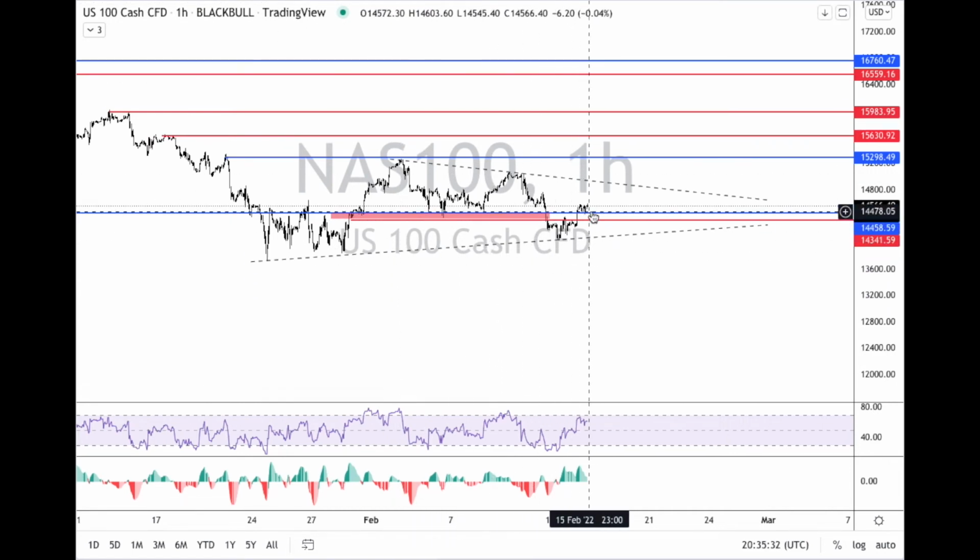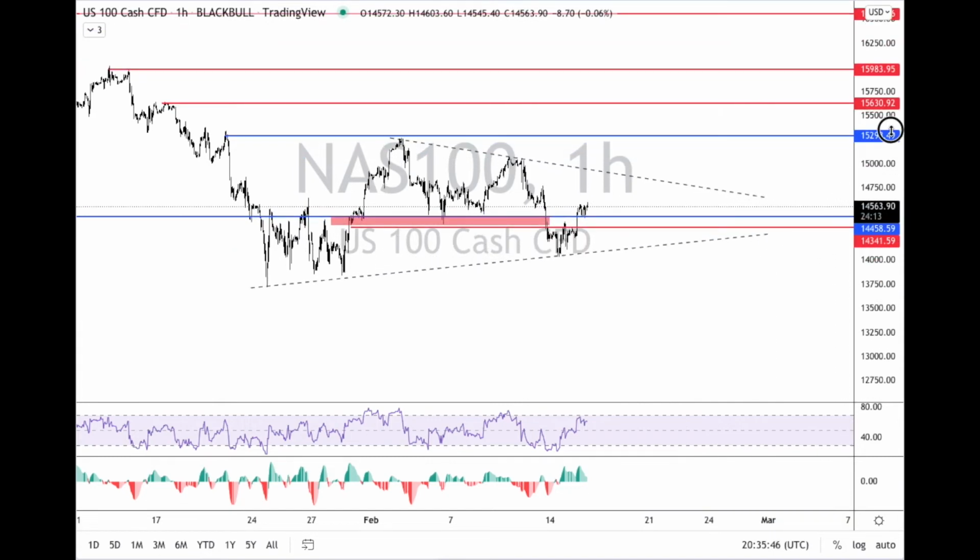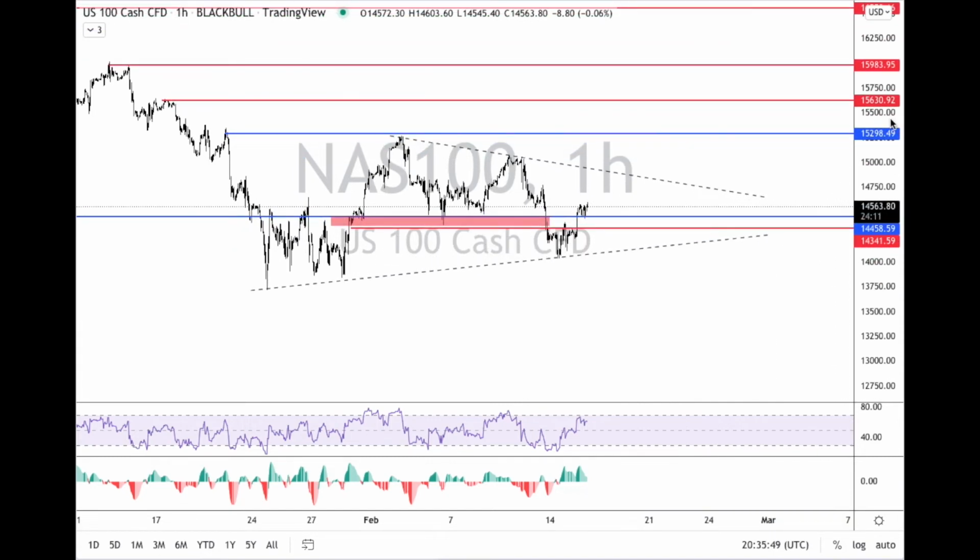Do I jump in and take a position, or do I wait for market open, which is going to be in a few hours after 9? So I could wait till after 9 o'clock.